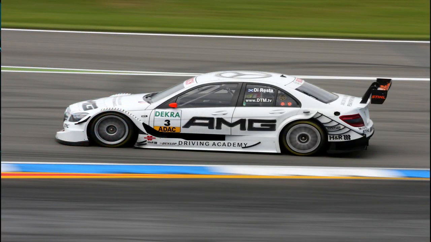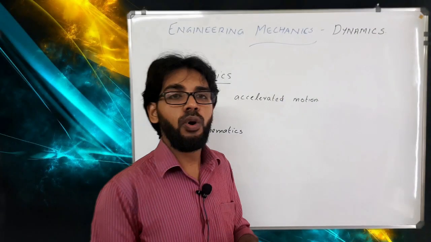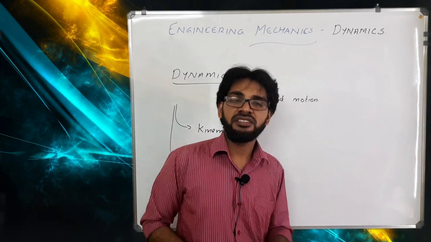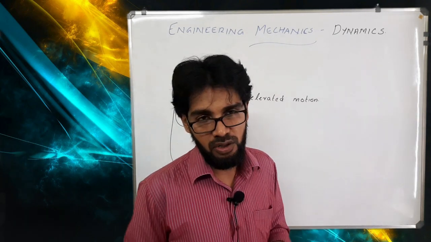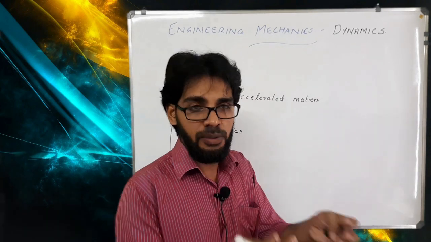I'll give you an example. Now consider this car which is shown on your screen. The person is traveling on a highway. So he is concerned with the speed or the velocity of the car after say 100 kilometers if he is moving with a constant acceleration. Or he wants to know the distance covered in say time t equals 7 seconds, or say time t equals 30 minutes.